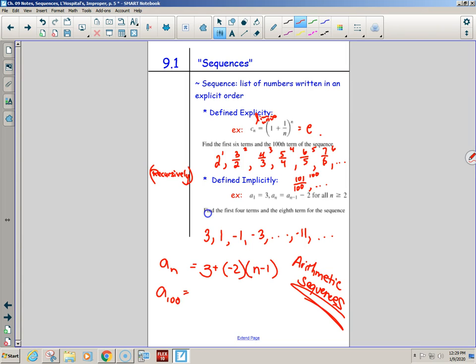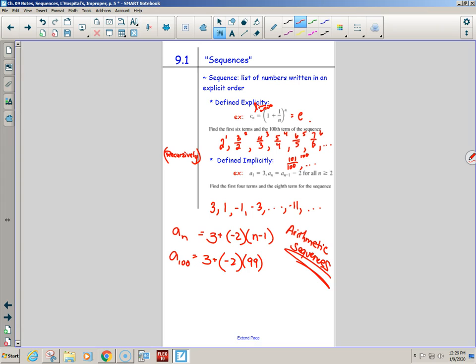Just reminding you guys of notation too. Of the 100th term, you're like, well that's not a big deal, it's just 3, and then how many jumps of -2 did you do? Well, 99, so then just do 99 -2s, which would end up subtracting 198 from 3, which I believe would give us -195. Someone back me up on that. Cool.